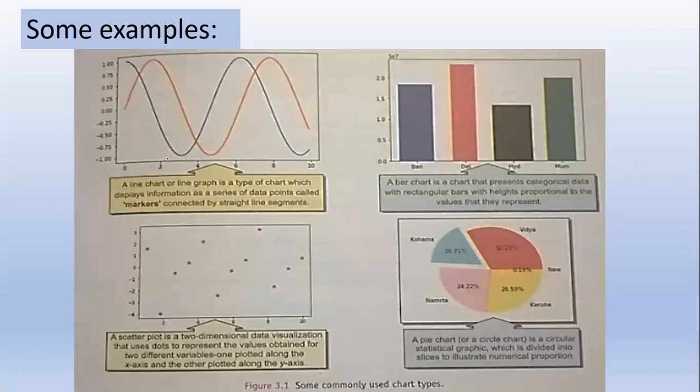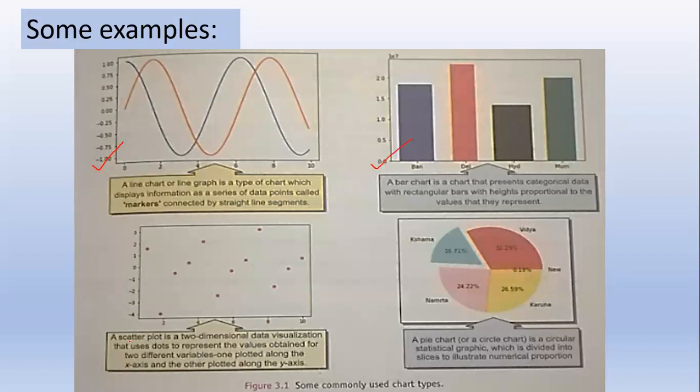Now these are some examples which we saw earlier, which can be created using the matplotlib library. This is a line chart with different colors. How can we provide different colors, different types of dots or bars, etc.? We will see later on. This is called a bar chart.